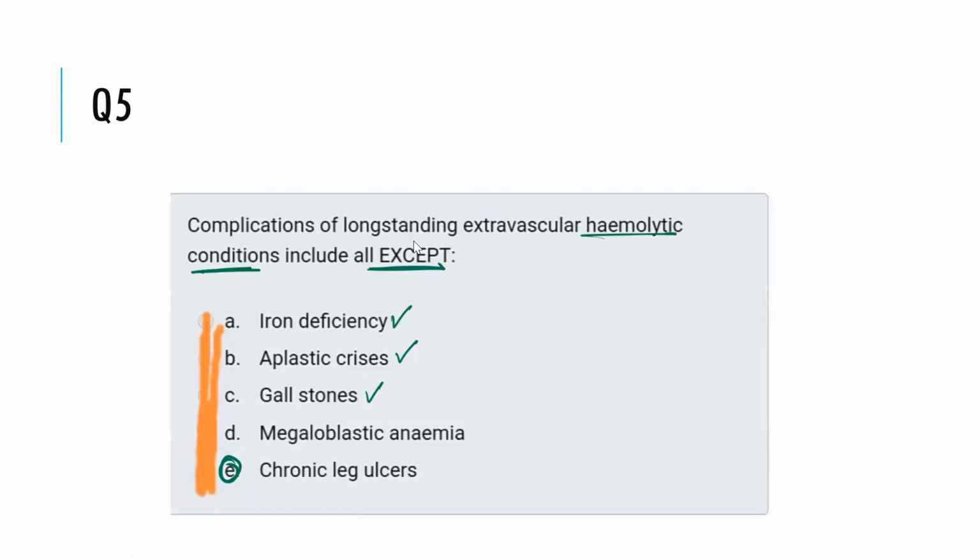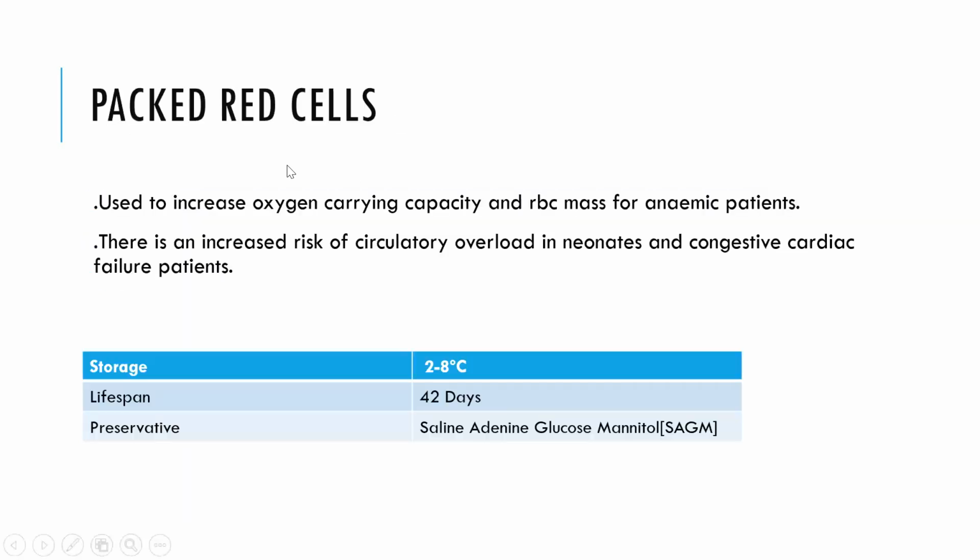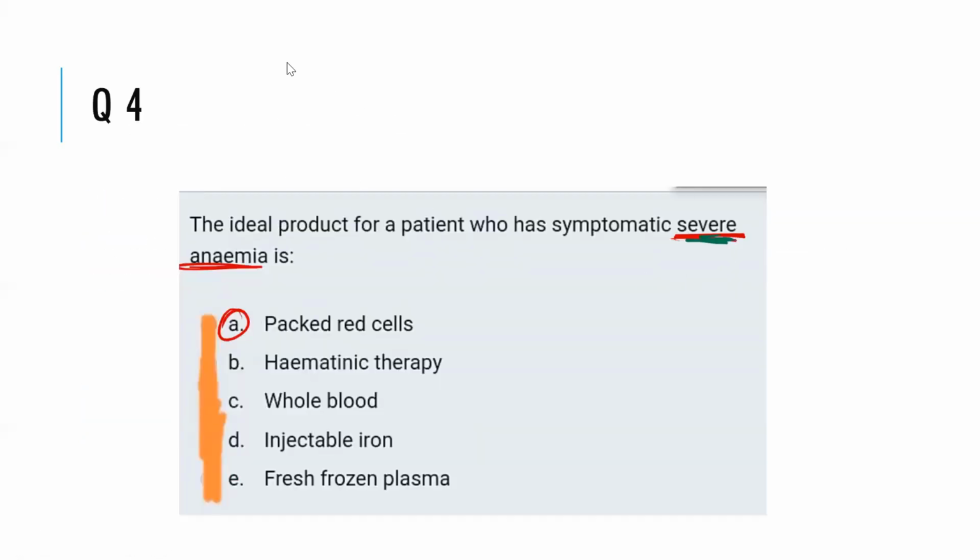Why can't we give whole blood, considering the patient is losing basically almost all the cells? For severe anemia, I think the major problem is how you increase the oxygen carrying capacity of that patient, so you work on the red blood cells.